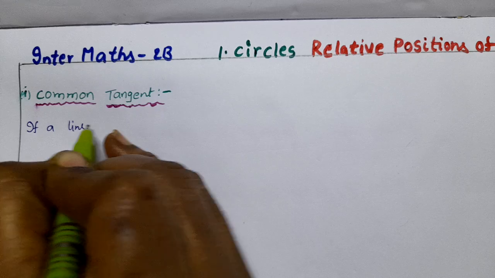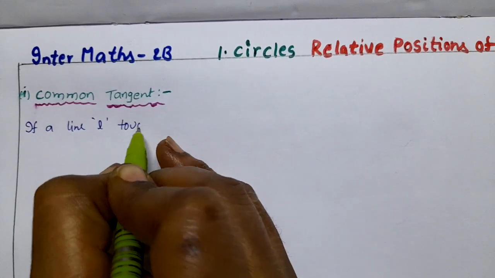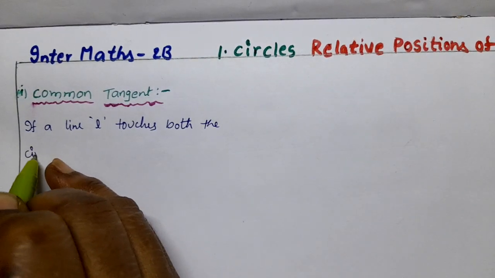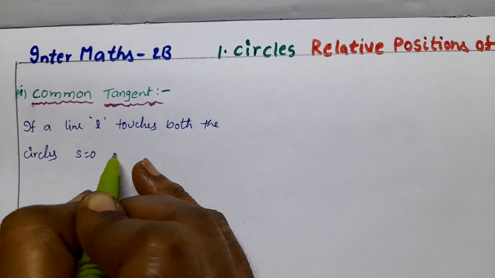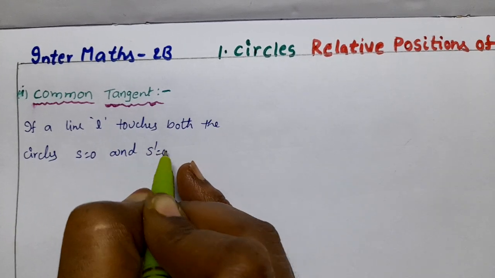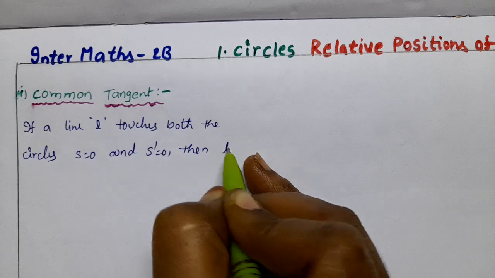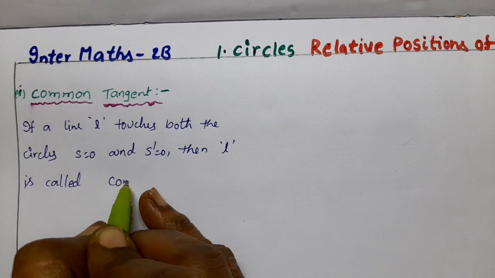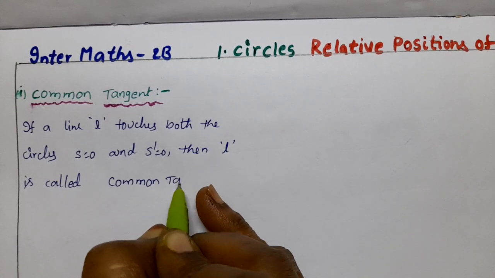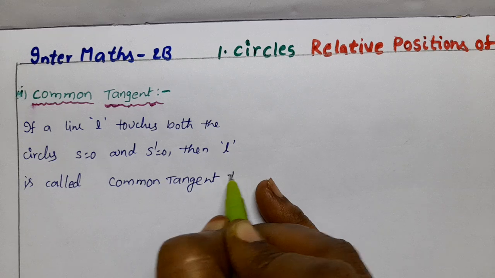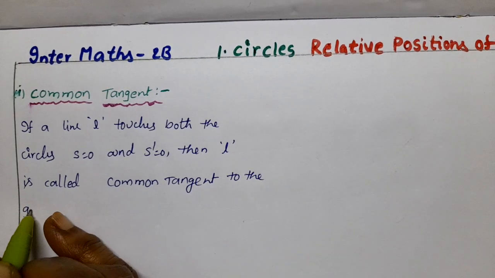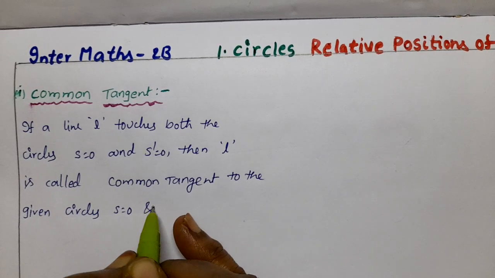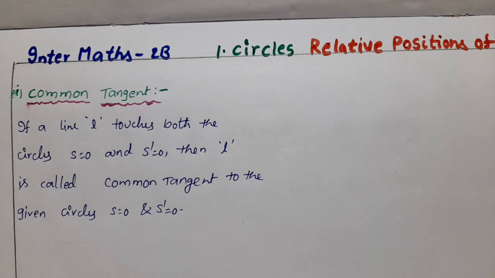If a line L touches both the circles S equal to 0 and S dash equal to 0, then L is called a common tangent to the given circles S equal to 0 and S dash equal to 0.